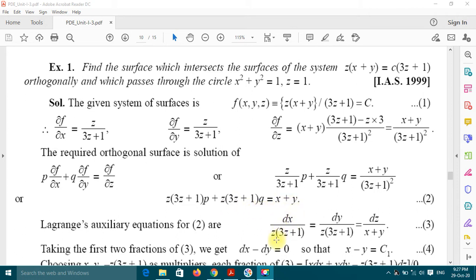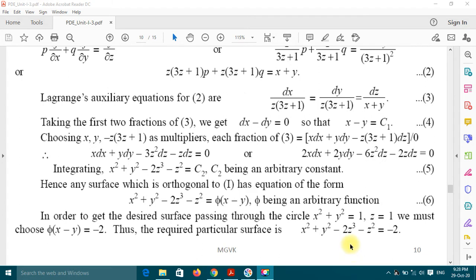So dx/(z(3z + 1)) = dy/(z(3z + 1)) = dz/(x + y). Now we call this equation number 3. We take the first two fractions, and after simplification we get dx − dy = 0, meaning x − y = c1.